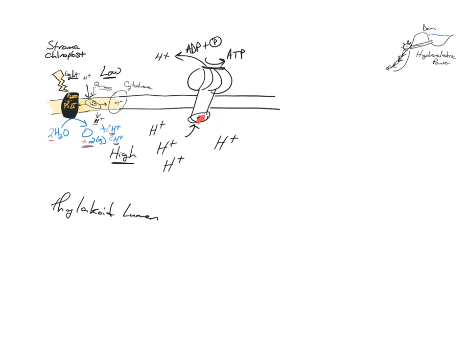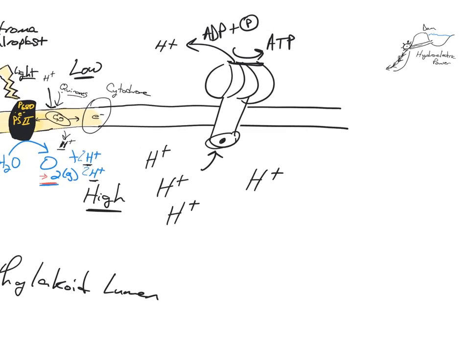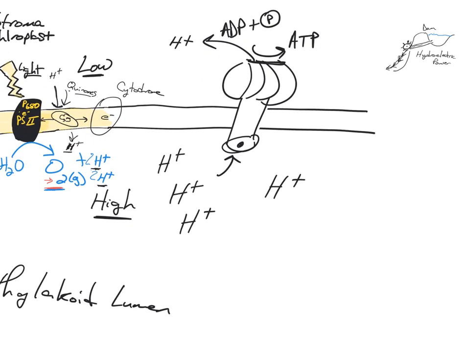So the electrons go on. What are you going to do with those electrons? Well, you're not going to waste them. They're sitting there. What we're going to do is transfer them over to another complex of proteins called photosystem, what?